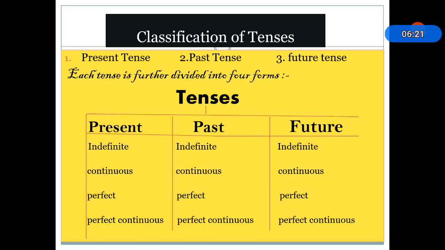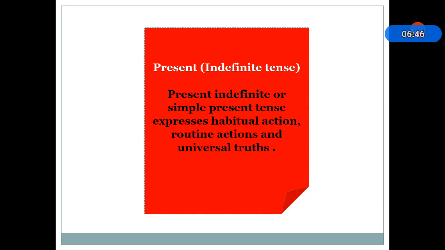So now let's look at the difference in all these forms of tenses. We are going to study in detail, and I am going to give you the rule and tell you where such forms of tenses are used. So first is present indefinite.